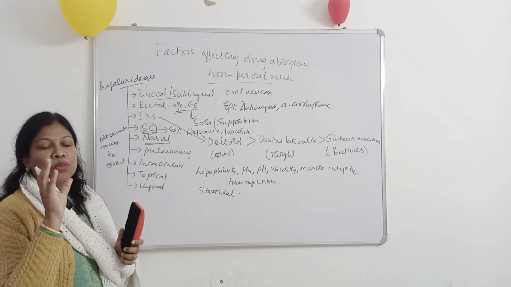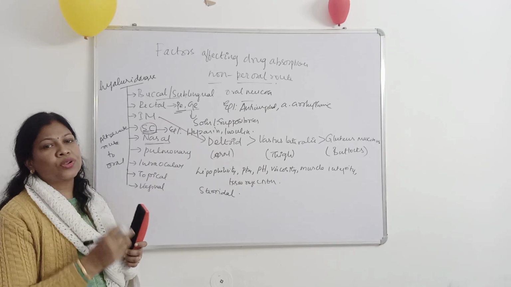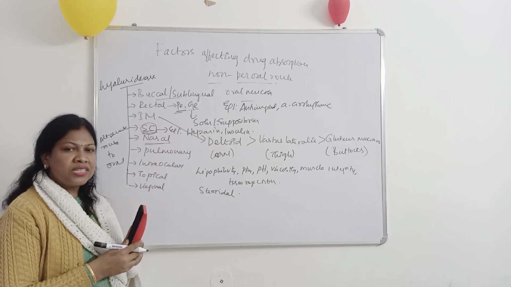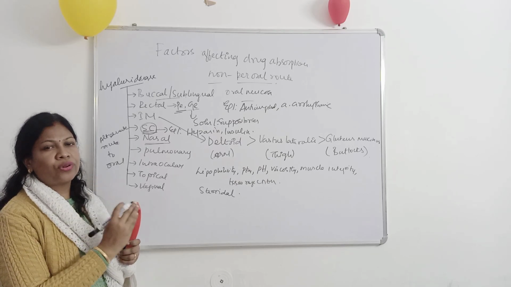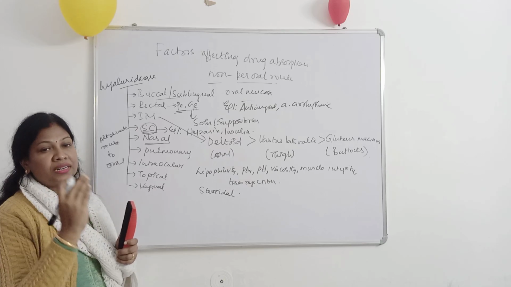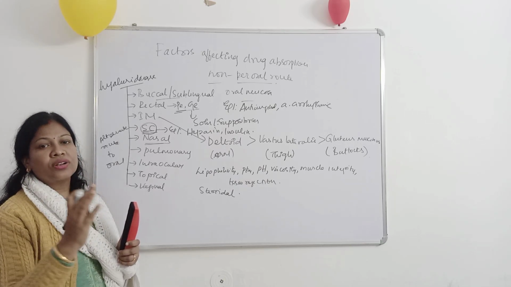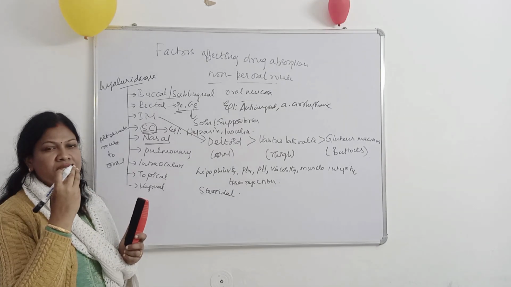Apart from that, the drug molecular size plays an important role in the nasal cavity. That is, a drug which is lipophilic in nature and has molecular size less than 400 Dalton can passively absorb. But even if the drug is lipophilic and has molecular size more than 1000 Dalton, then you cannot administer it through the nasal cavity.